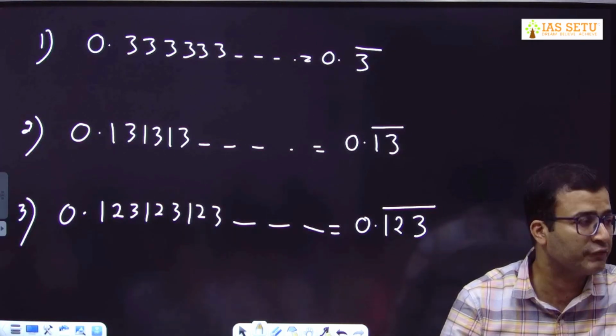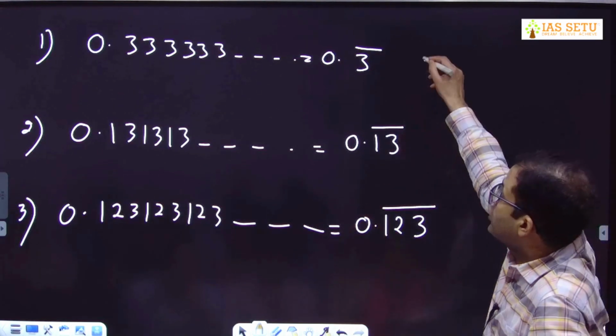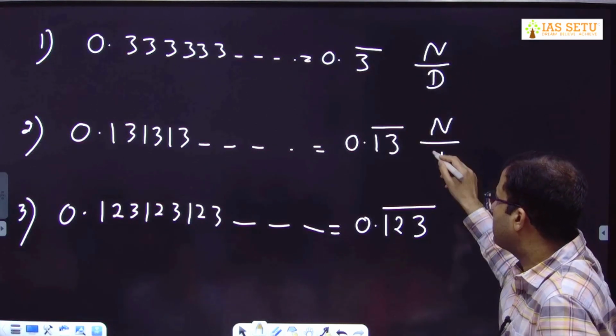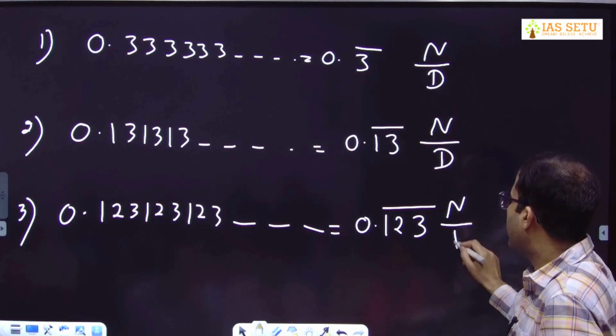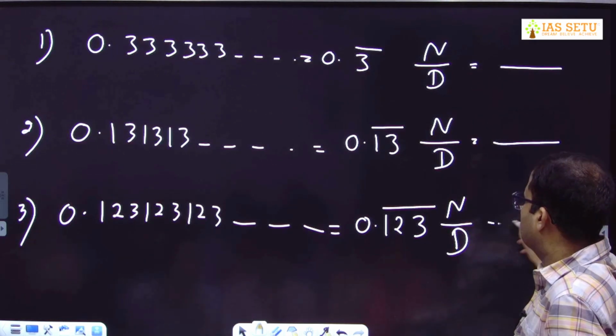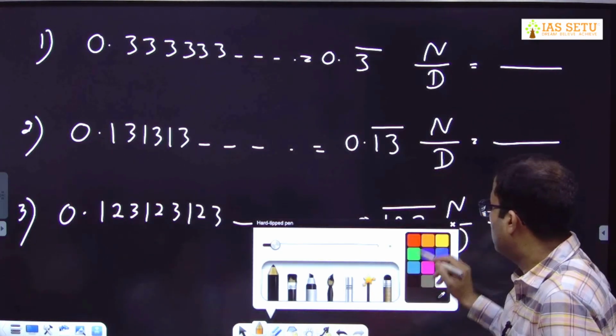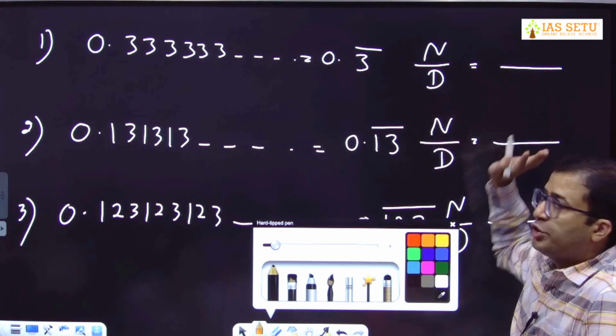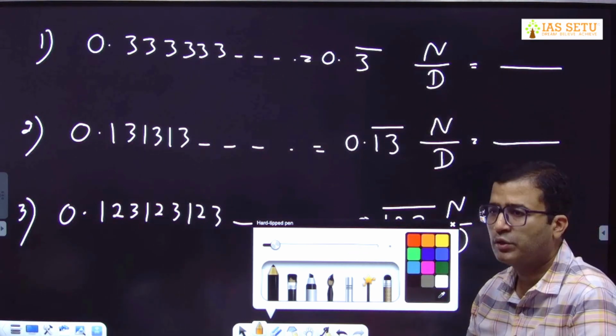And in fraction, what we have? Numerator upon denominator. So we are looking for numerator as well as denominator. Rule for this denominator. Simple rule.